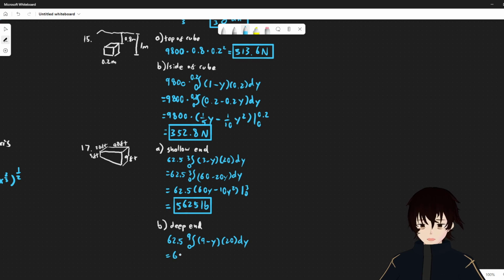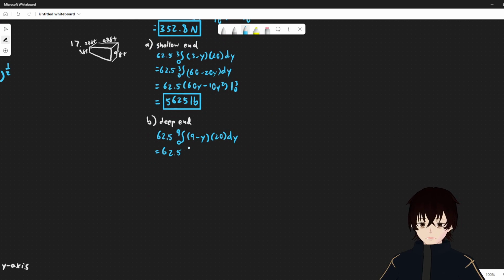And that's going to be equal to, let me move it down a little, 180 minus 20y, which is equal to 62.5 times 180y. Wait, where's my 0?